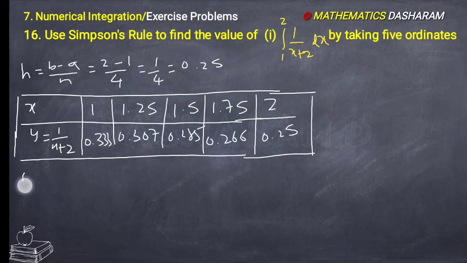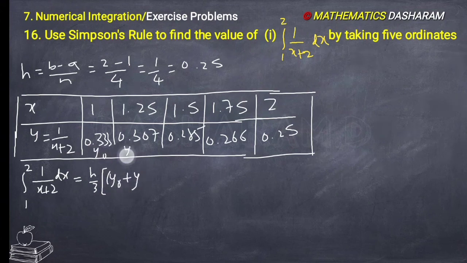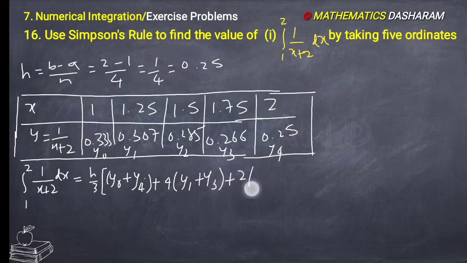So using Simpson's rule, we are going to find our required answer. So the integration of 1 by x plus 2 dx equals h by 3 bracket of y0 plus y4, where we have y0, y1, y2, y3, y4, plus 4 into odd ordinates y1 plus y3, plus 2 into y2.